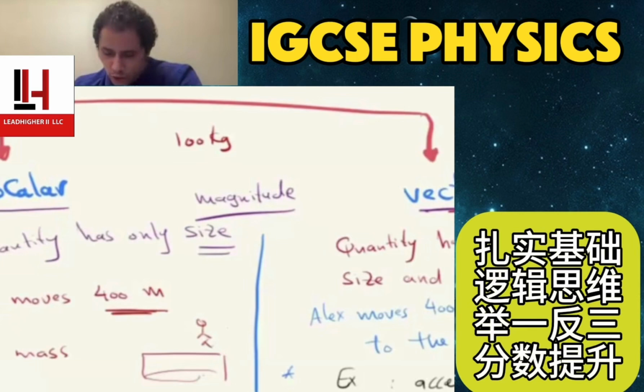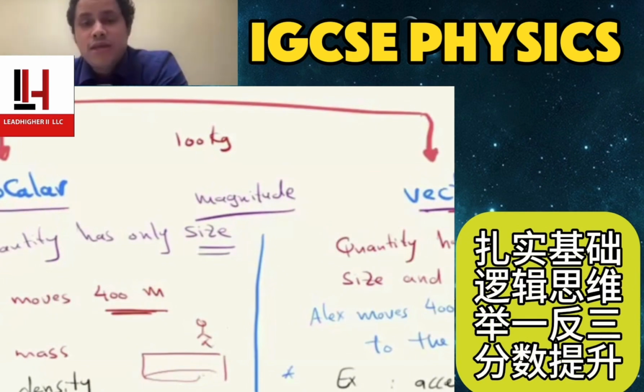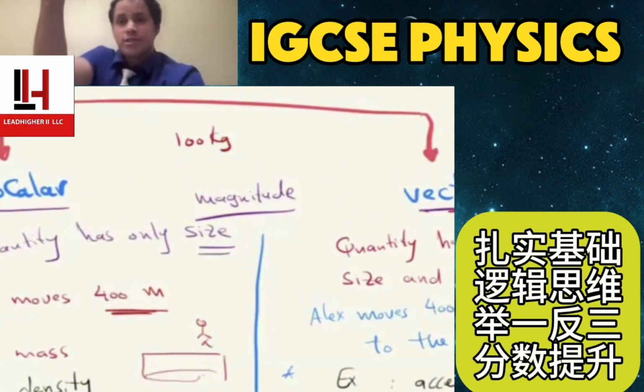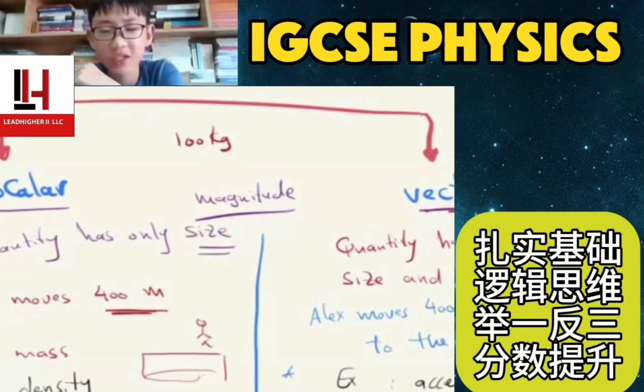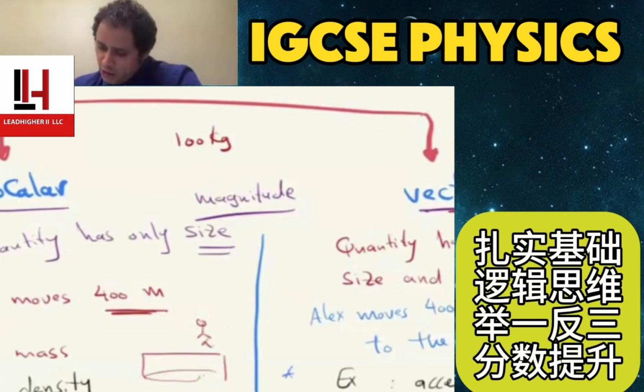Scalar. Okay, cool. So density is a scalar. Good job. Jackson, the last one, force here. What do you think about force? Is it scalar or vector? I think it is a vector. Good job. Force is one of the most popular quantities in vector.